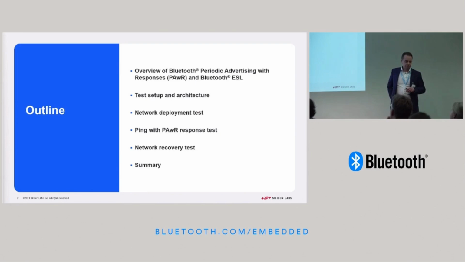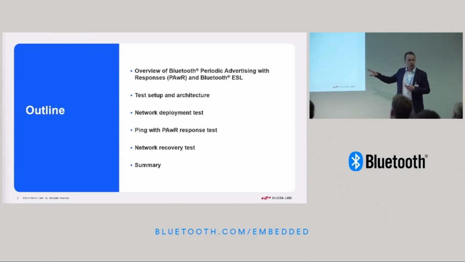We'll walk through roughly the next 30 minutes. I will go through first what PAWR is, so everybody is on the same page. There's also an interlink: it's not the same thing, but there's Bluetooth ESL, a profile and service also defined by Bluetooth.